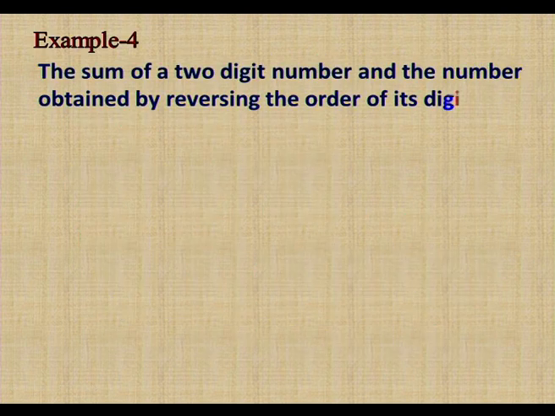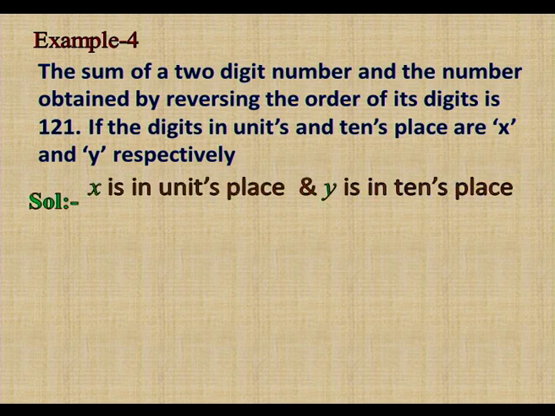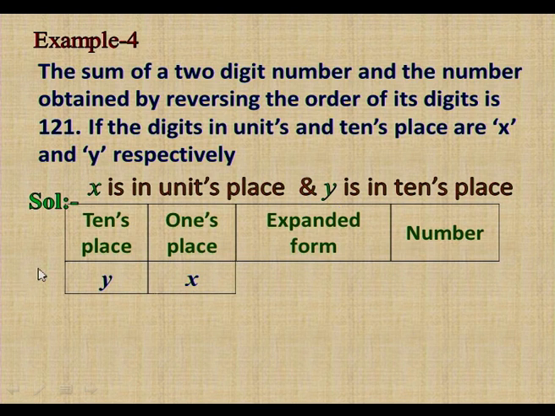Now, example 4. The sum of a 2 digit number and the number obtained by reversing the order of its digits is 121. If the digits in the units and tens place are x and y respectively, x is in the units place and y is in the tens place. Are you clear now? In the tens place what you have? y. In the ones place what you have? x.